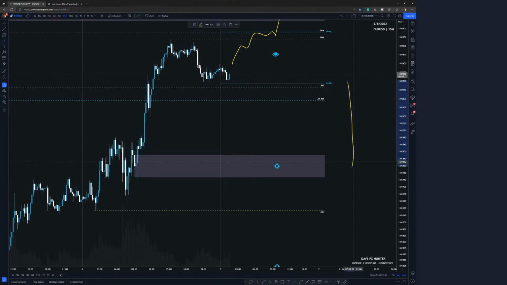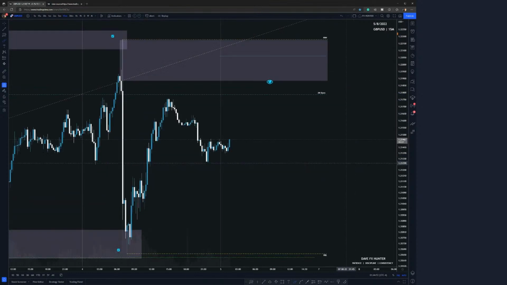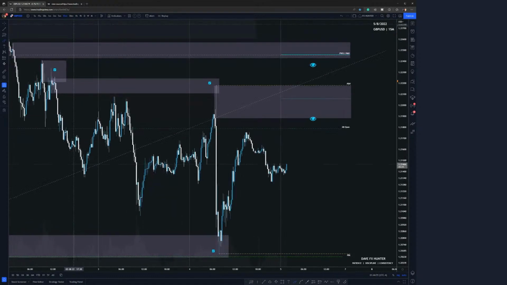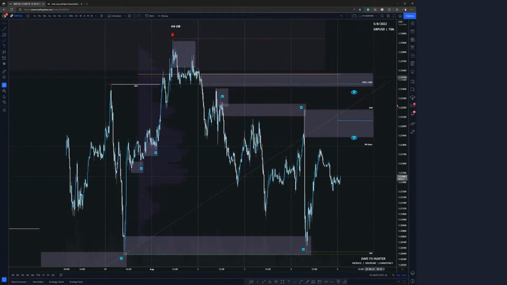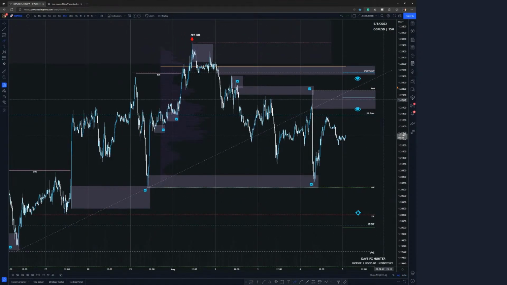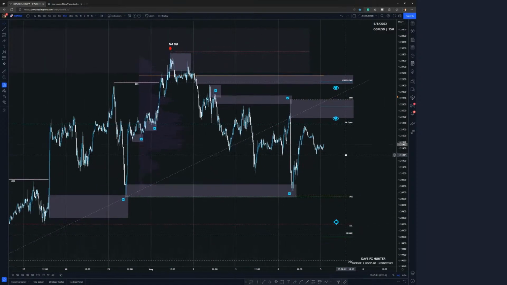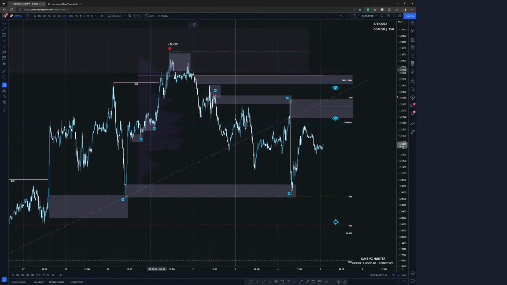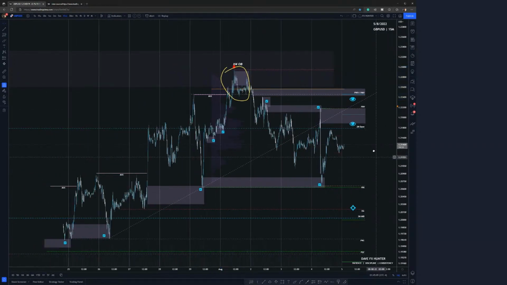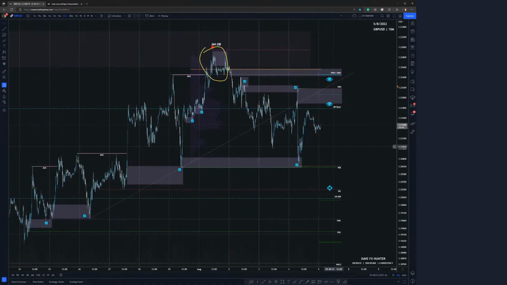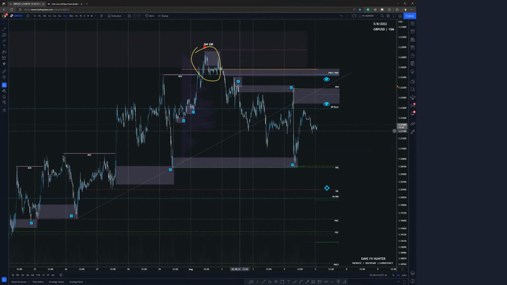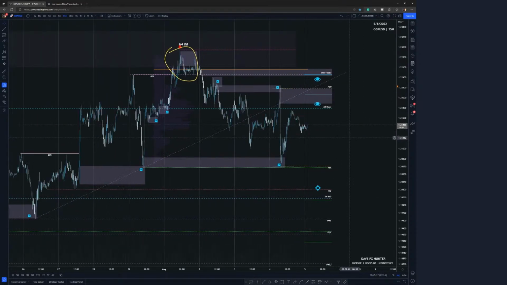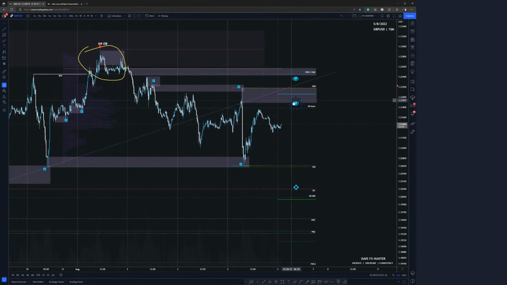So let's see. So this is for the euro. And on the pound, which is this one, I'm looking for this. So we have again a violation of the previous week's high. Then we have these drops. And right now, I'm thinking that the price could go a bit higher because as well we have this phantom trend line, this retail trend line, where we had this break, retest, and here we have some untested order blocks.